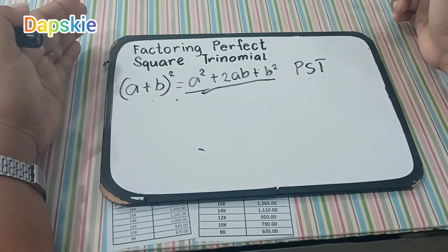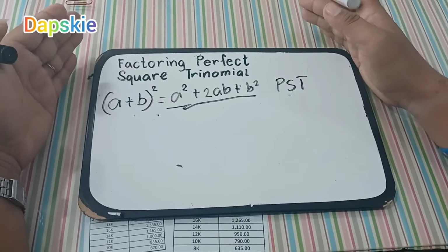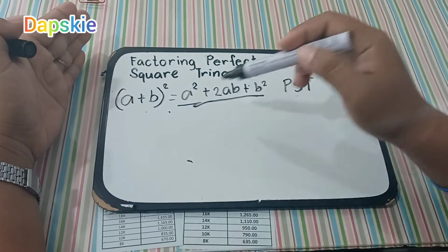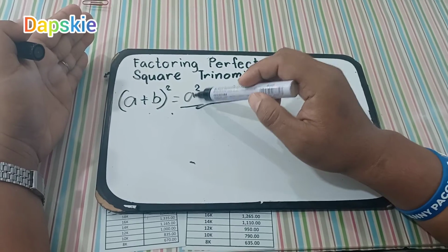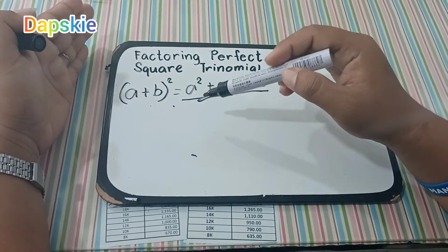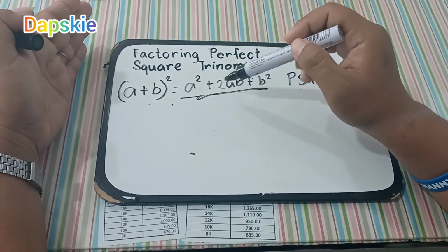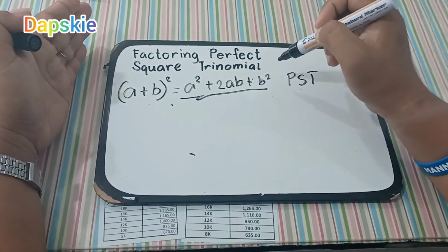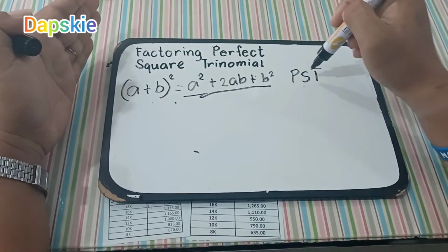Check po natin, this is the product of the square root of first term and the last term. Square root of a squared, a, square root of b squared, b, multiply natin a times b, ab, then multiply natin 2, so it becomes 2ab. So it means this equation is a perfect square trinomial.